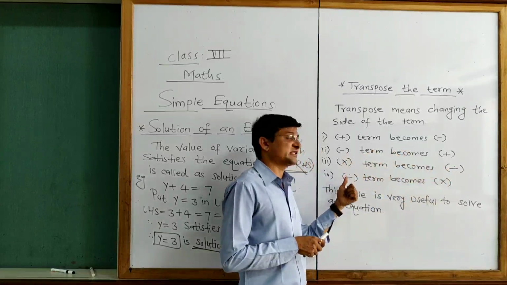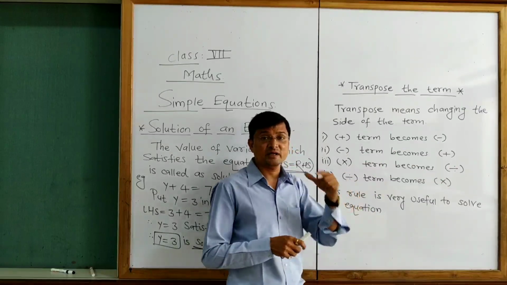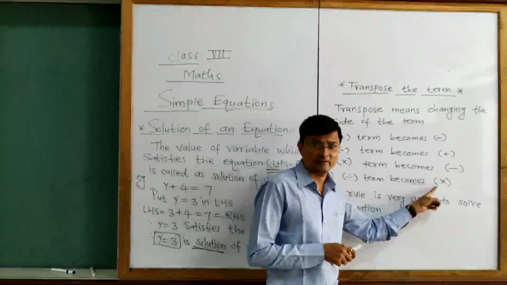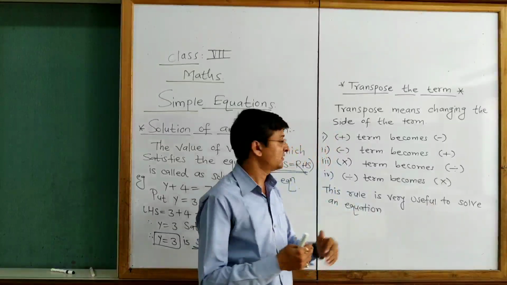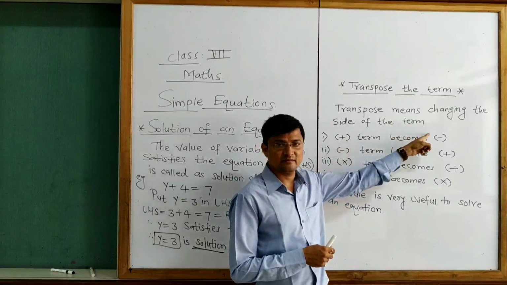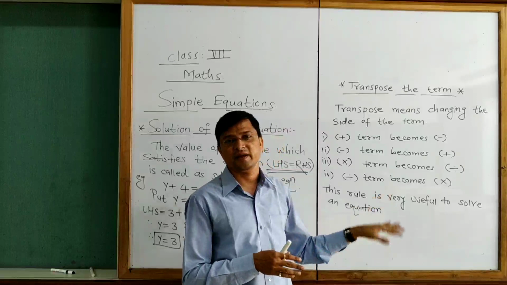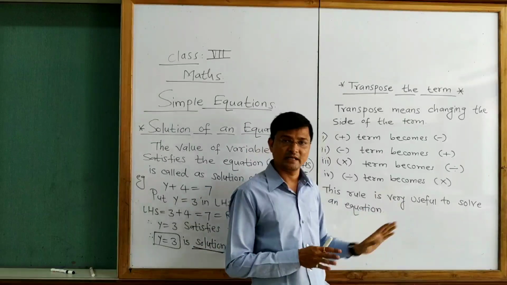And if the term is divide on one side and we transpose the term to the other side, then it becomes multiply. So these are the reverse operations. Plus becomes minus, minus becomes plus, multiply becomes divide and divide becomes multiply.